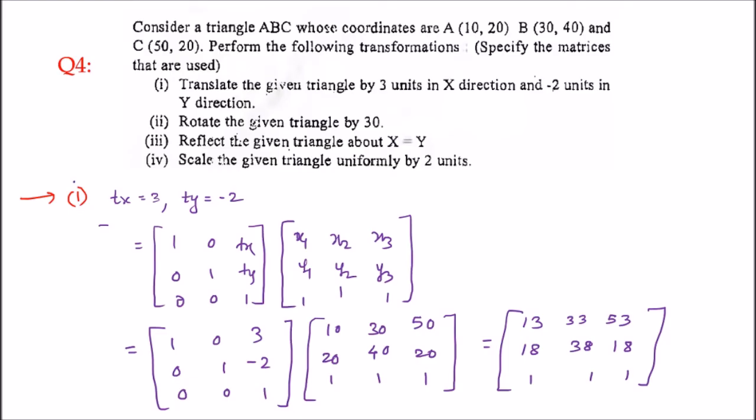Now we'll move towards the rotation. Second is rotation. Theta is given as 30 degrees. So we know cos 30 is 0.866 and sin 30 is 0.5.